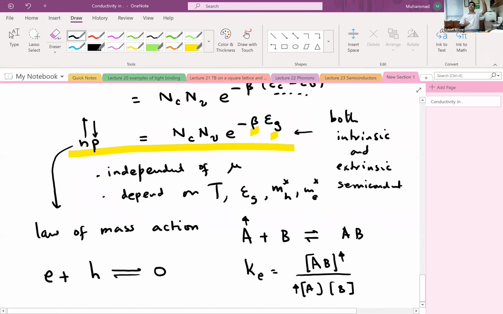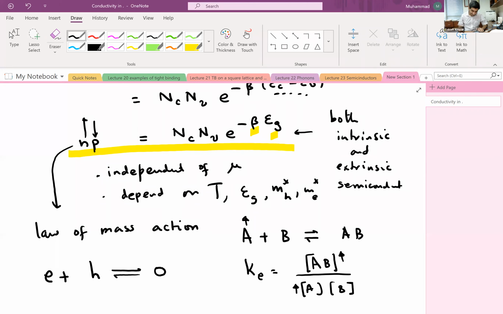If more electrons are generated, it means that more of those electrons will now recombine with holes. Because more electrons are available, those electrons can also fall back and recombine with the holes.